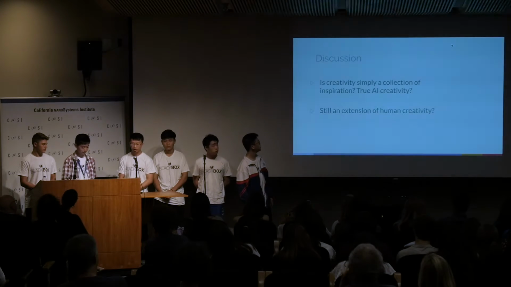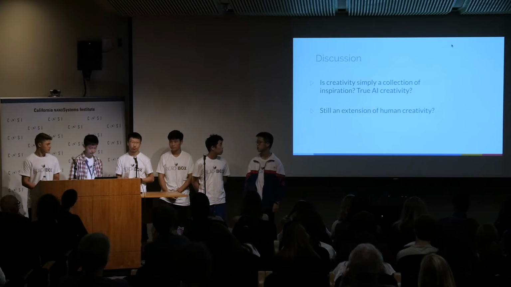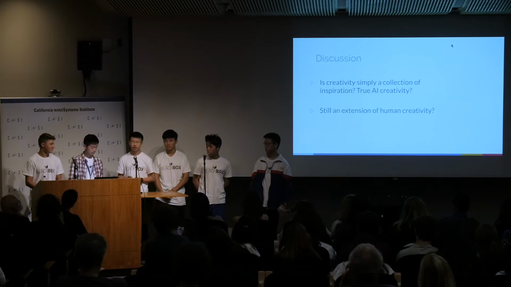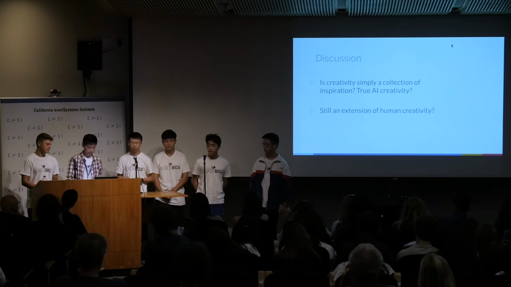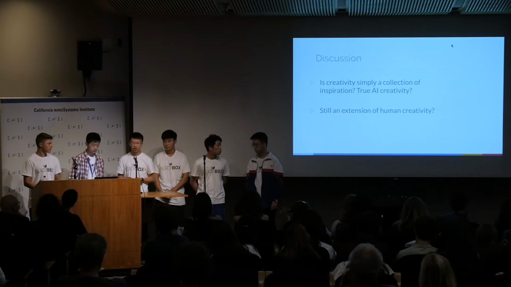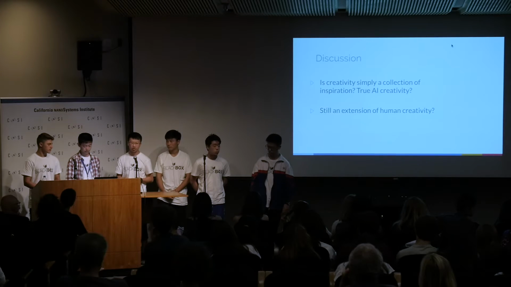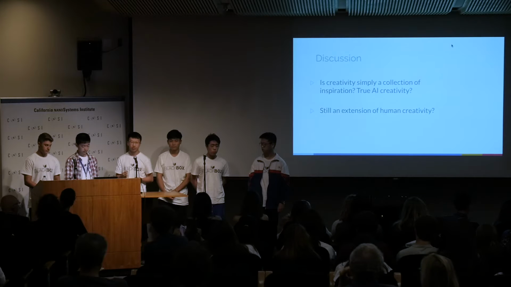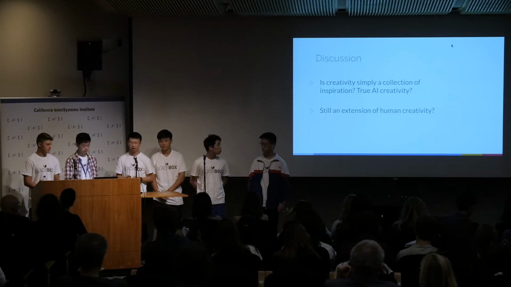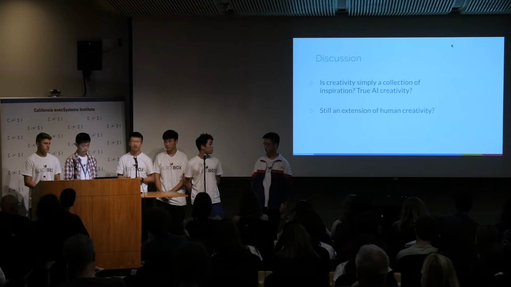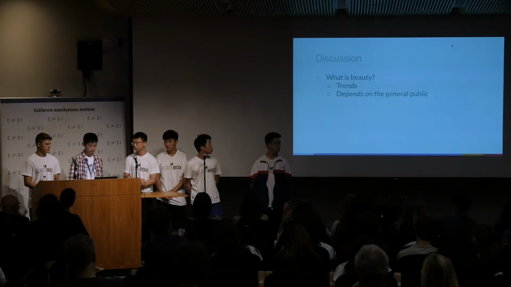In my opinion, I still consider our program an extension of human creativity because it shows its creation, but all based on our human-developed algorithms. And if someday a super AI develops algorithms on its own without human interference, then I may consider this kind of creativity as genuine AI creativity.